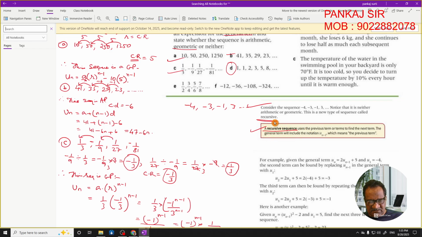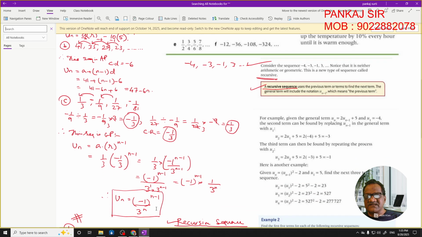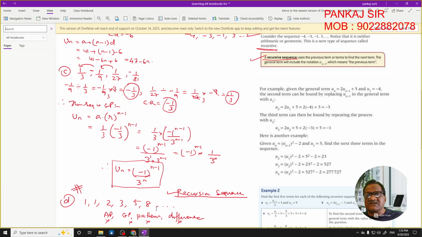Now what are recursive sequences? The definition says that a recursive sequence uses the previous term or terms to find the next term.